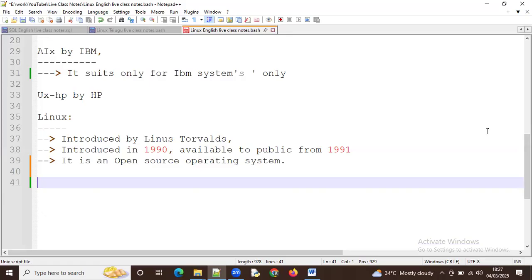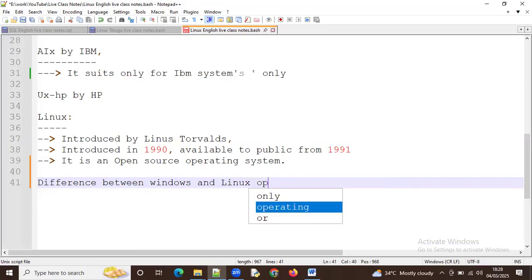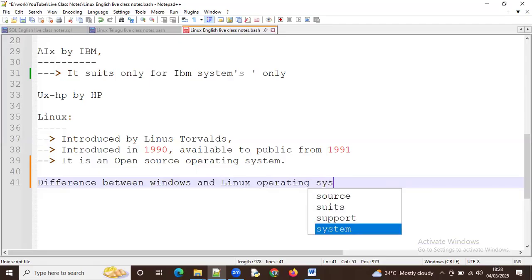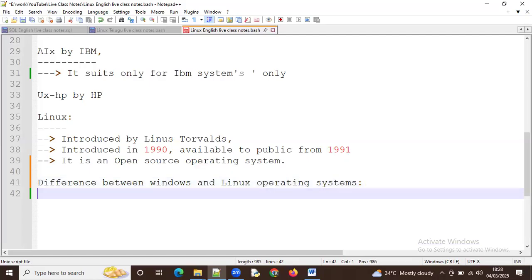Difference between Windows and Linux operating systems.